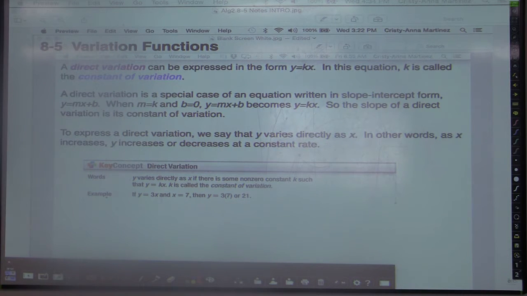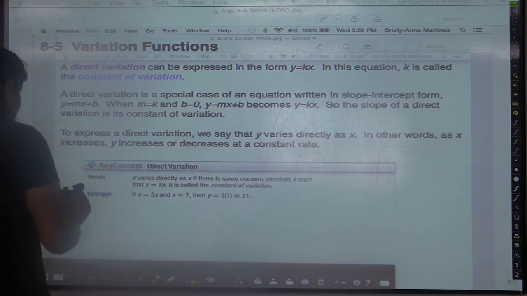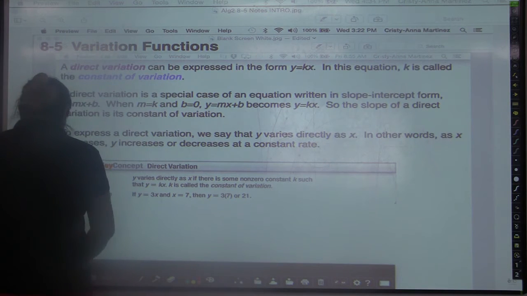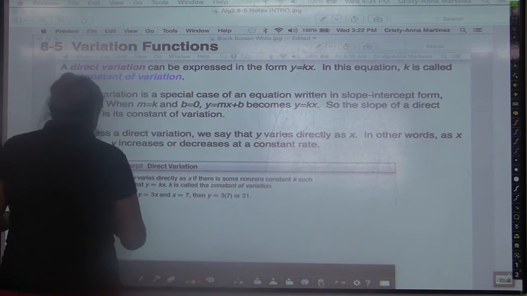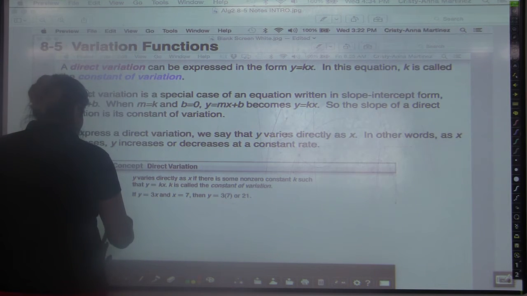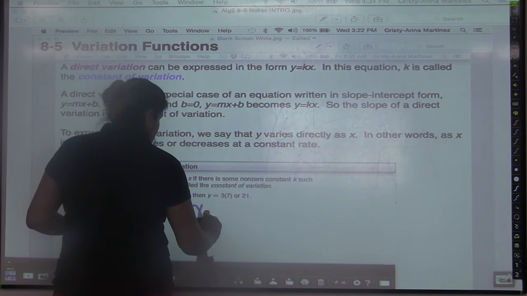So if you know that y varies directly as x, and if you're given a set of values, then you can use the proportion to find the other set of corresponding values. For example, let's say you had two points, x1, y1, and x2, y2.